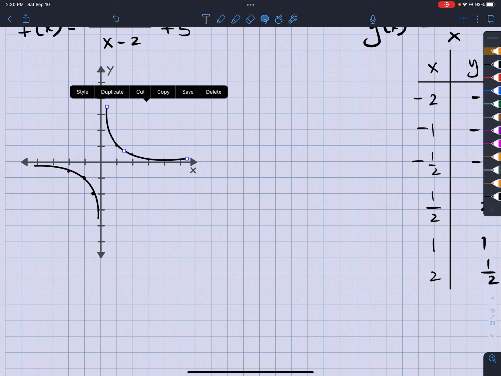This is all the way up here. Try to make sure the curve doesn't go back. Okay, something like that, okay? So that is the graph that I currently have, right?